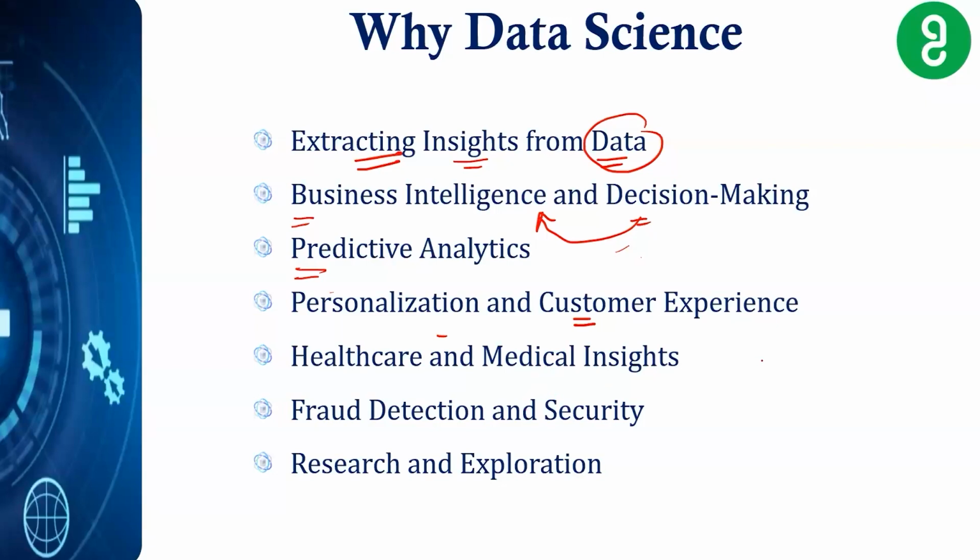If you buy a particular mobile phone, along with your mobile phone you can also buy a combo offer. You would have received this kind of combo offers on Amazon or Flipkart, right? That kind of personalization and recommendation can be done using data science approaches by analyzing your customer data.